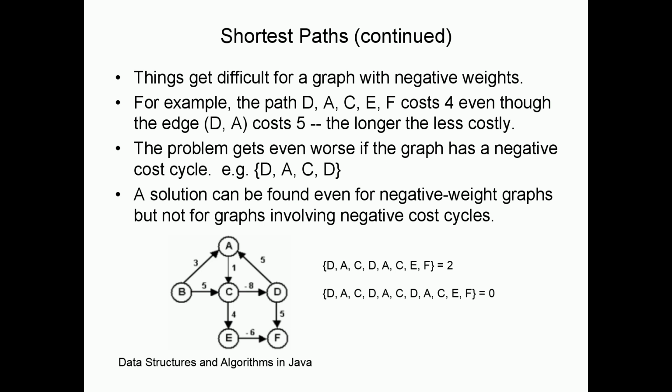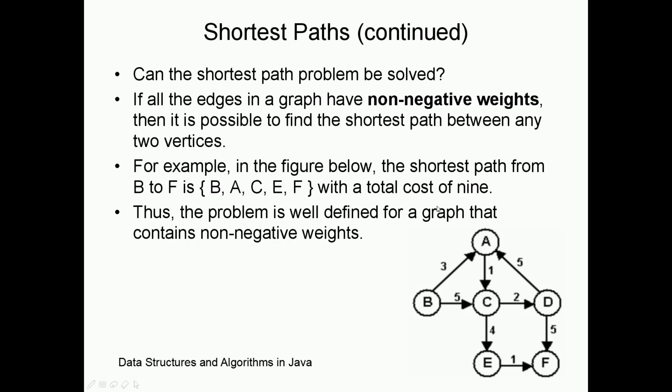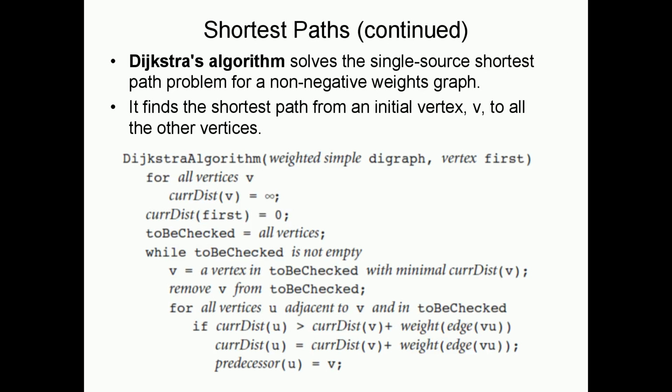The case that we're going to be talking about is situations like these, when we have non-negative weights, and there's an algorithm by Dijkstra, who I think is Polish. How do we pronounce it?